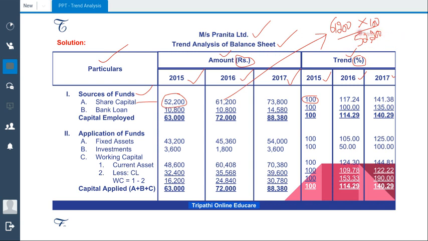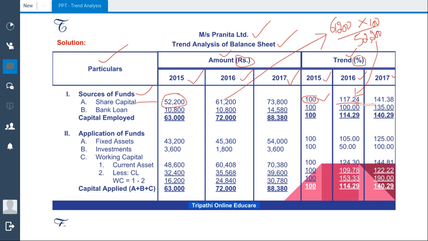This is how you will get the percentage of 2016. Once you do that, you will get 117.24. So share capital of 2015 is 100%, whereas that of 2016 is 117.24%, which is more than 100%. So we can say share capital has increased in 2016.